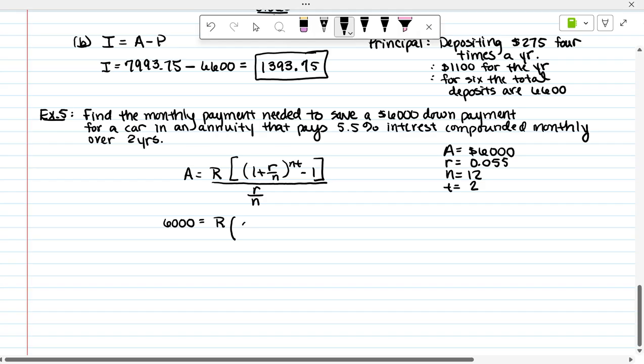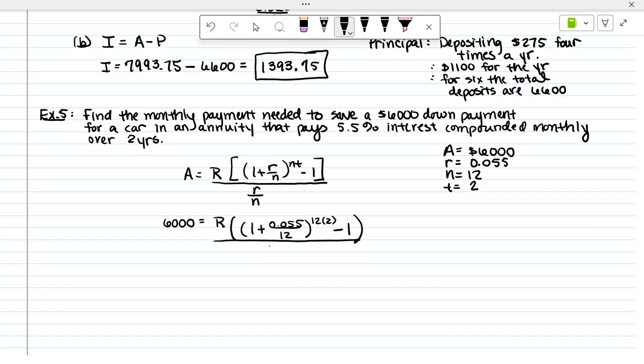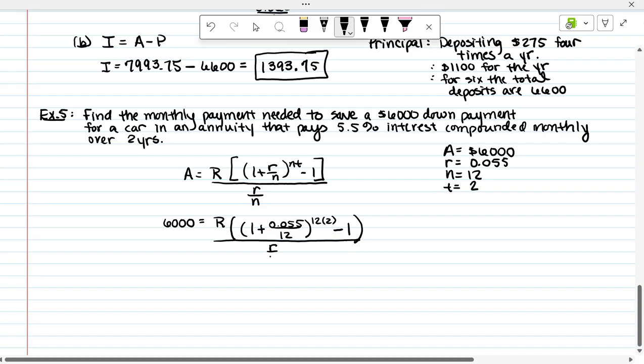And that's going to be 1 plus 0.055 over N, which is 12, all to the 12 times 2, minus 1, and all of that is over R over N, which is 0.055 all over 12. Well, guys, here's the first thing I'm going to do.